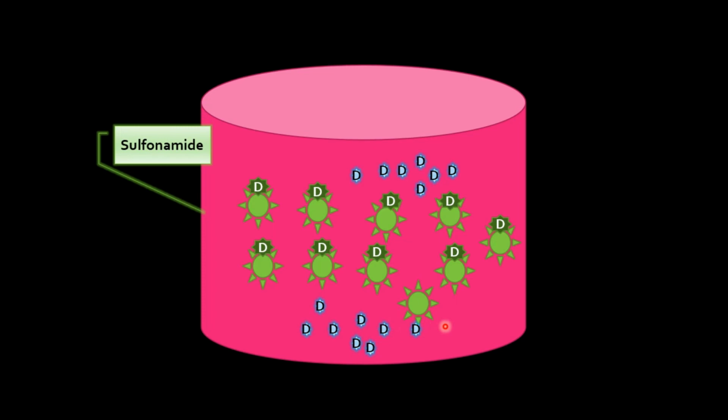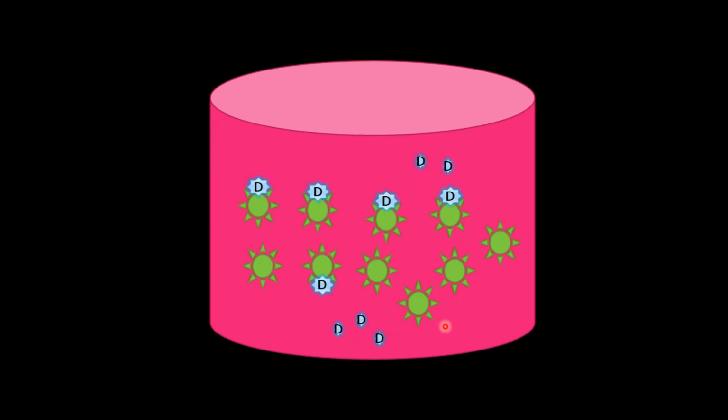What is the clinical importance of class A drugs and class B drugs? If we administer a class A drug, for example tolbutamide, 95% binds with plasma protein and 5% is in a free state. This is drug A. If we administer drug B, for example the sulfonamides, along with tolbutamide, meaning drug A along with drug B, then what happens?